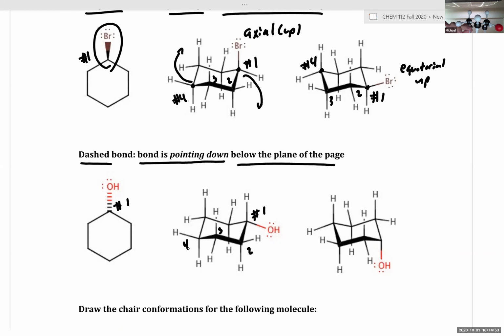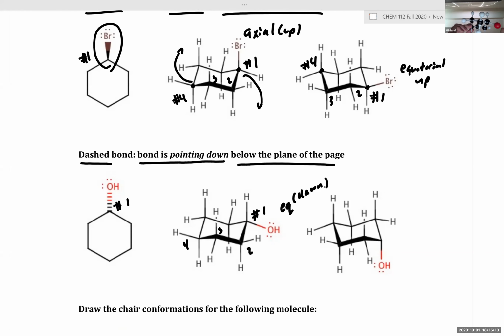It's pointing down, exactly. So this is an equatorial and down substituent.